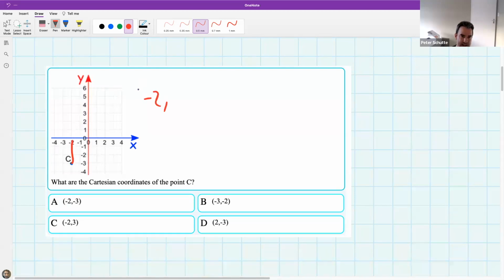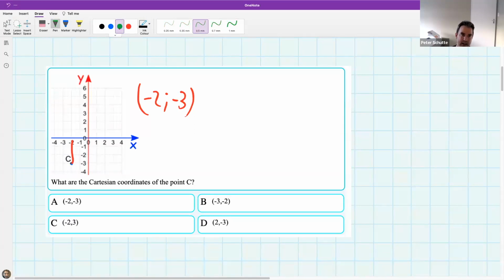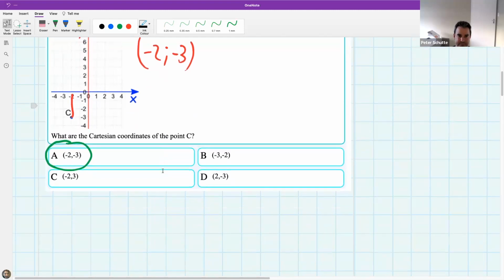So it feels to me like the -2 should come first. And then it should be in line with -3 on the y-axis. Okay. So we get -2, -3. Which option is -2, -3? It should be A.